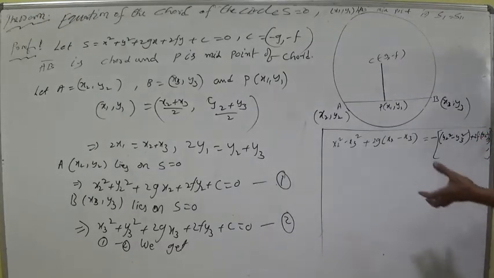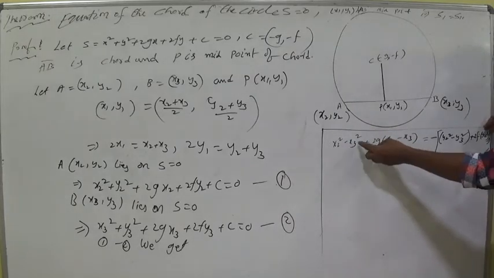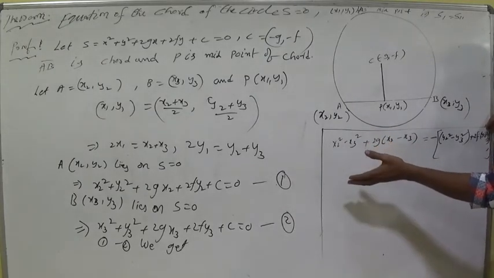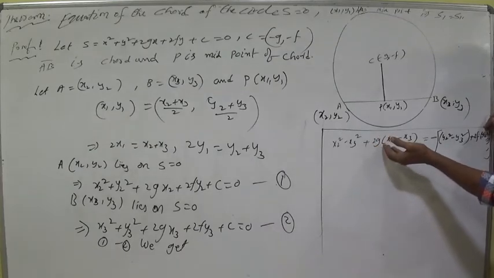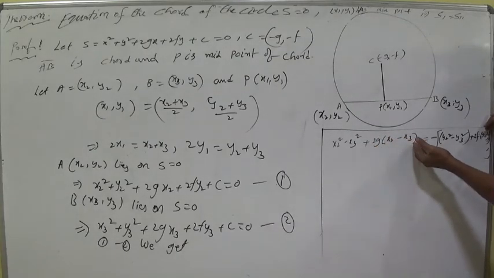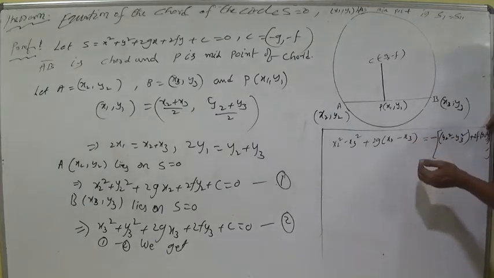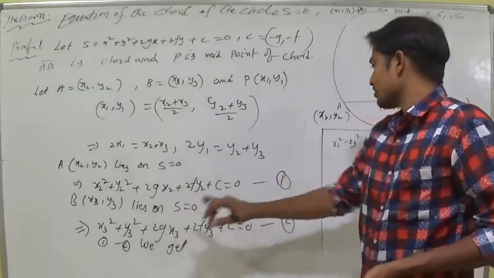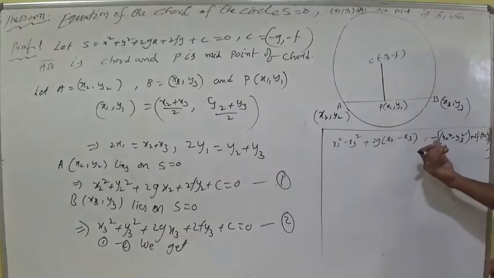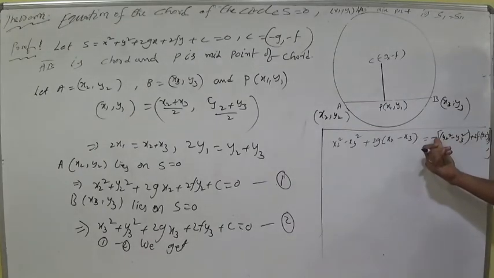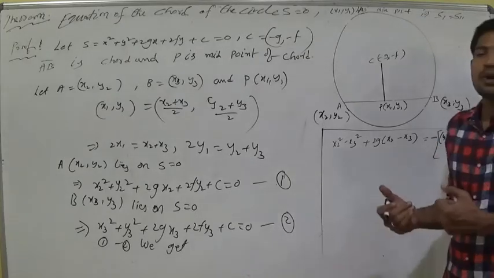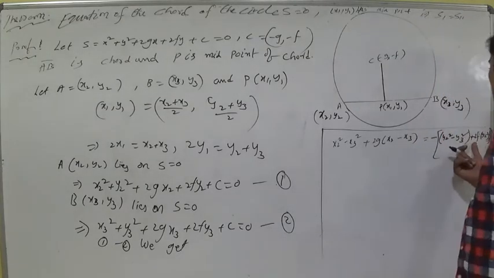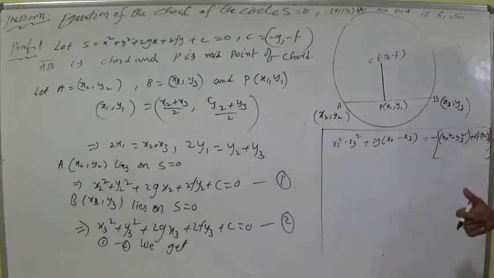So x2 square minus x3 square, this you can understand, plus 2g(x2 minus x3). Clear? But what I will get here is minus (y2 square minus y3 square), as that is going to be transferred to that side. So minus is common, and totally whatever we get should be multiplied by minus, plus 2f(y2 minus y3).